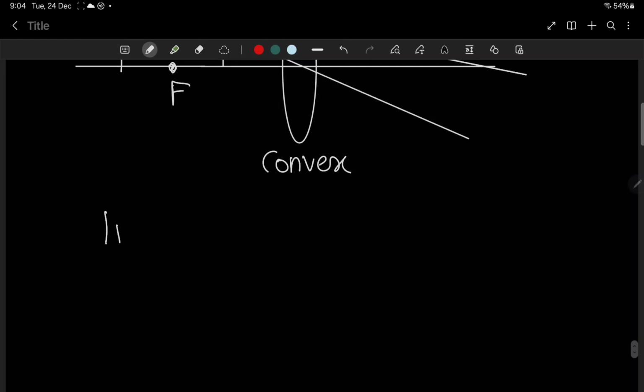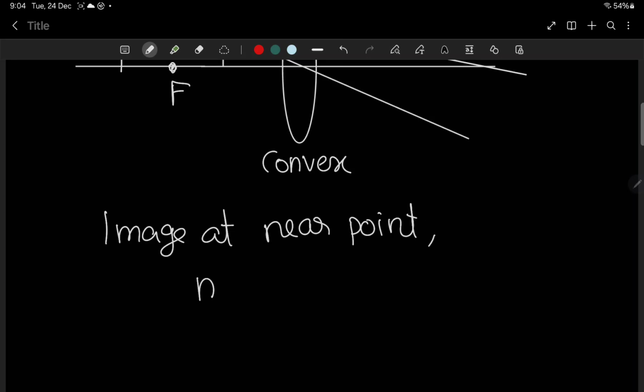Now image at near point. For image at near point, the magnifying power of the lens. This is not magnification, it is magnifying power.